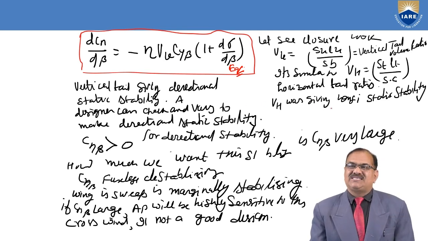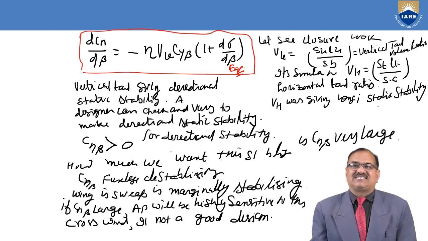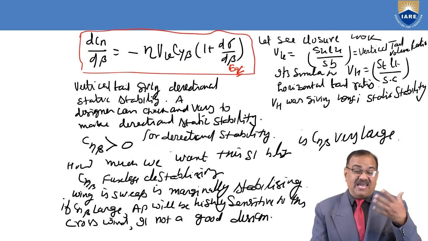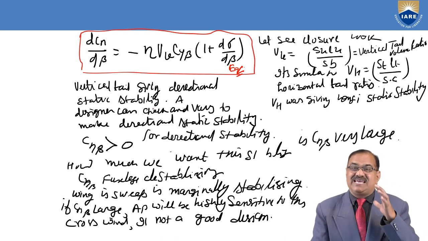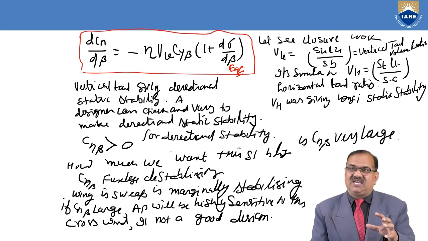So Vh was giving longitudinal static stability, and the vertical tail gives directional static stability. Like Vh, the horizontal tail volume ratio, which gave the longitudinal static stability, in the same way Vv gives the directional stability of the aircraft.